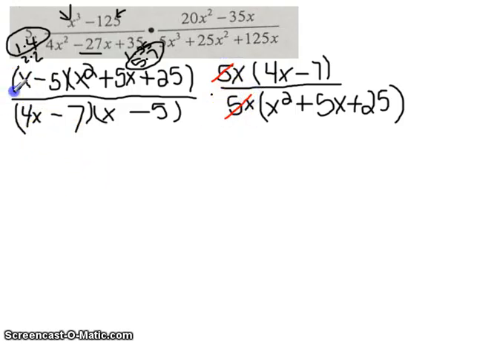We've got x minus 5 over x minus 5 that reduces to 1. We can also go numerator to denominator, so we got 4x minus 7 and 4x minus 7. Numerator to denominator, this way, cross multiplying. So that gives us 1.